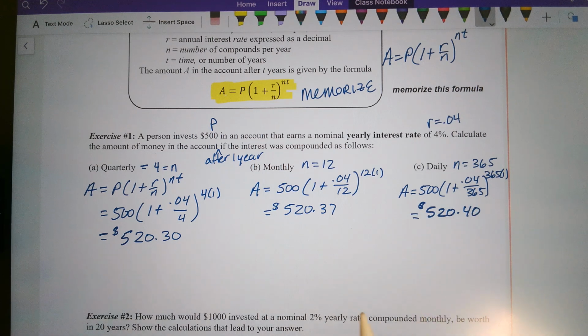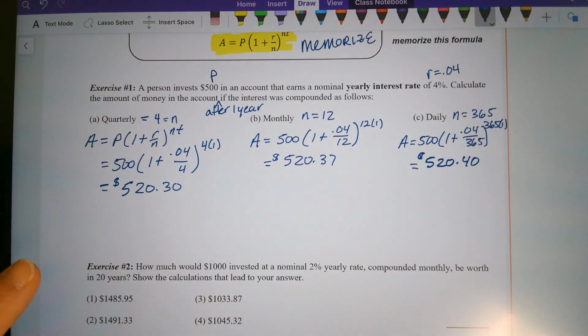So the higher the number of compounds per year, you see there's a slight increase in the amount of money in the account at the end of the year.